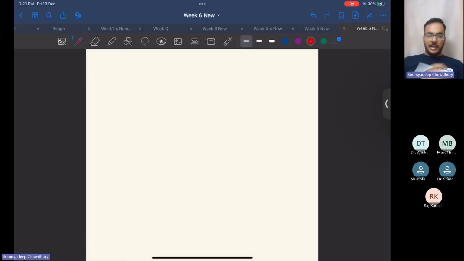Does any one of you have any idea what regression is? At least the basic idea of linear regression, anything? Anyone? No, sir. Okay. Anyone else? Any idea on regression?